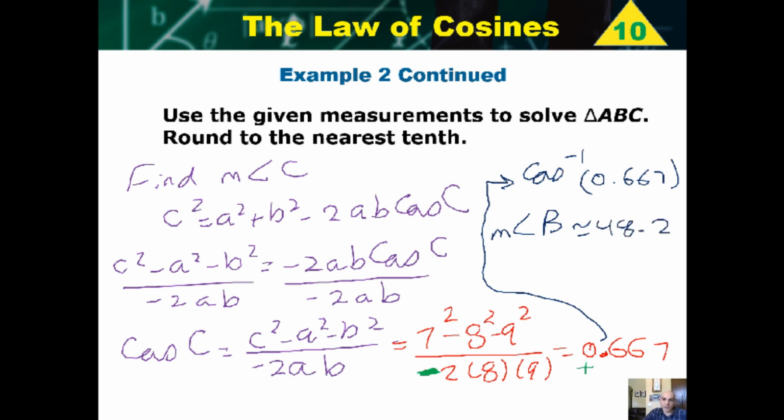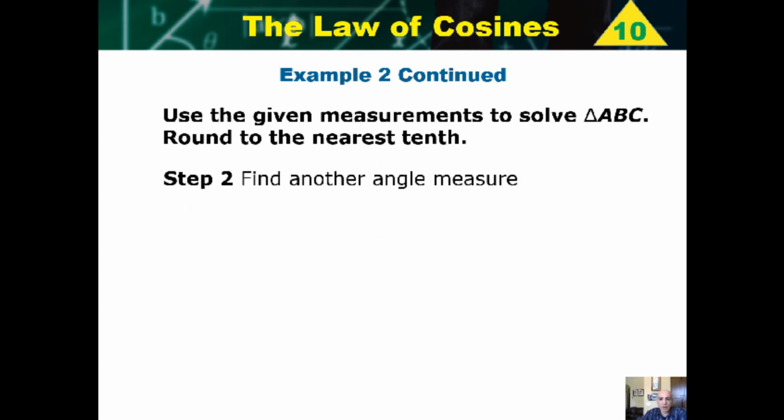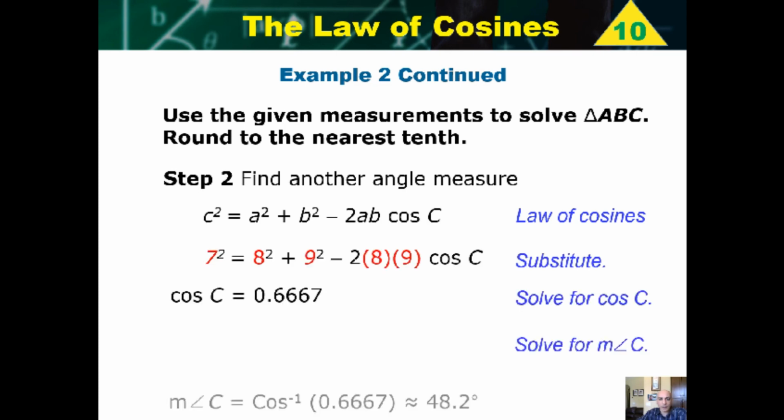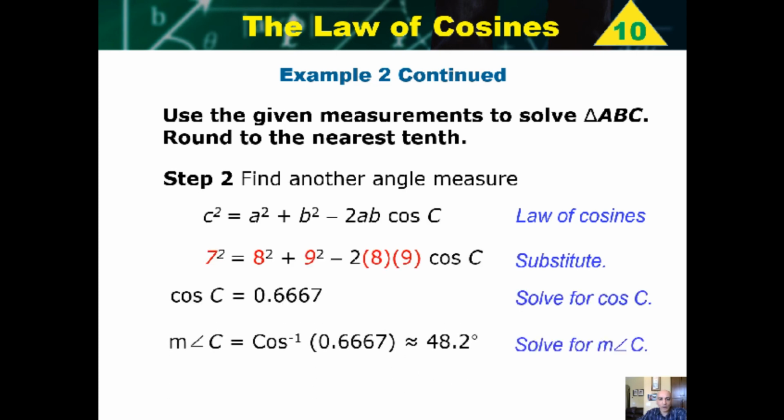Okay, don't forget that inverse. And also, if this is not what you got, then I would check the mode in your calculator. Make sure it's in degrees, not radians. Okay, here we go, nice and neat: 48.2.